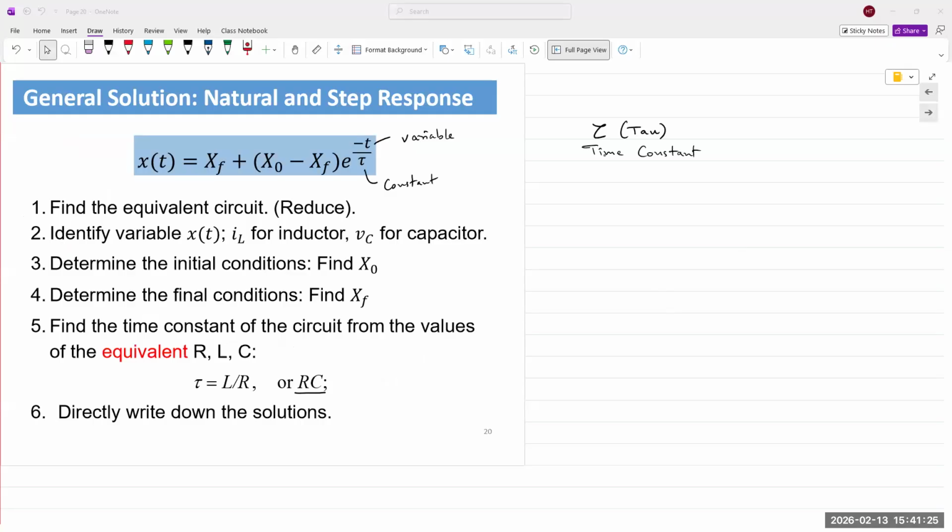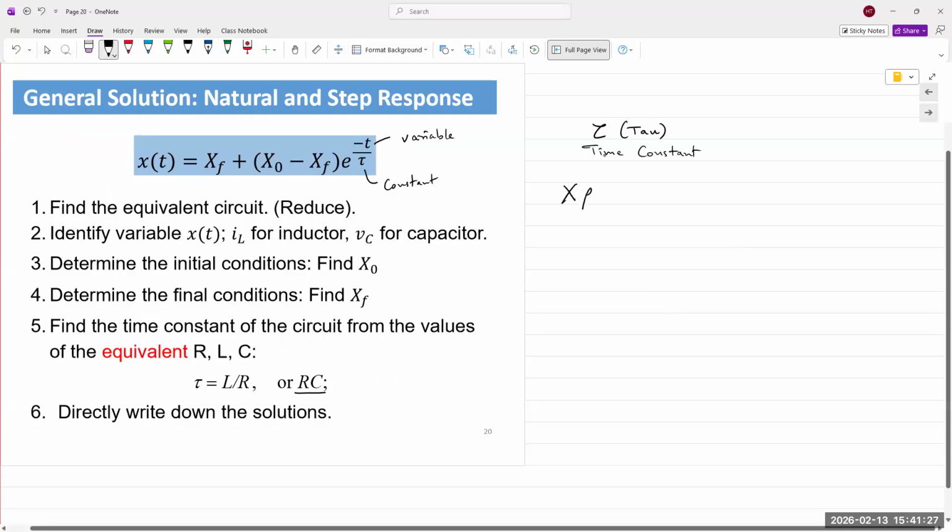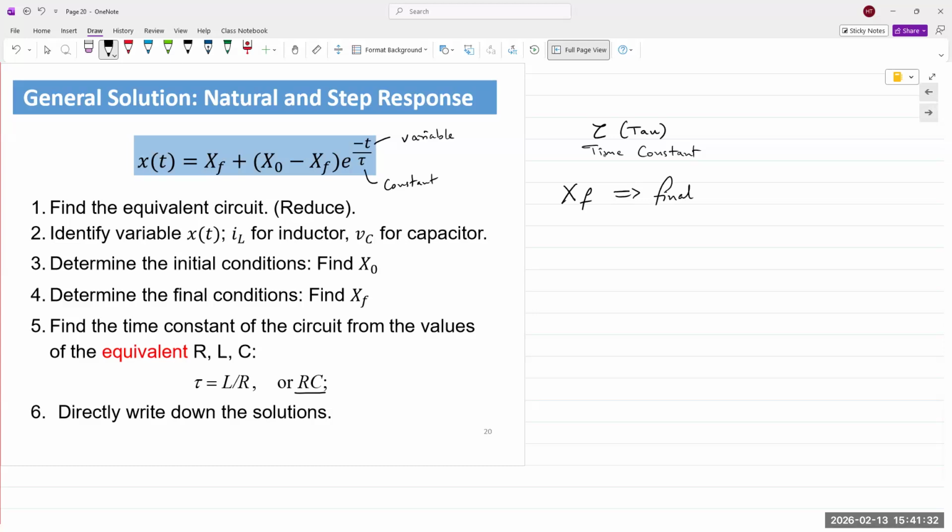XF is simply the final value. Xi or X0 is the initial value. And of course, tau is the time constant.